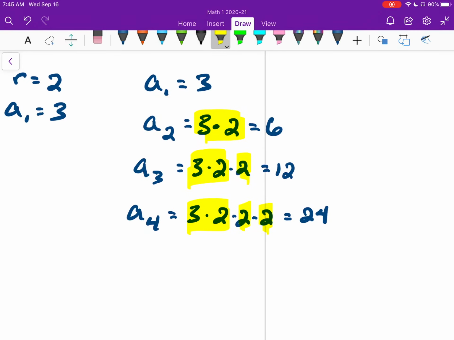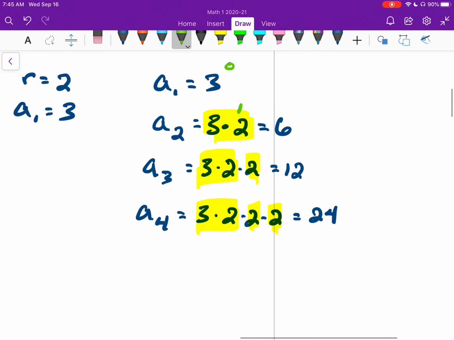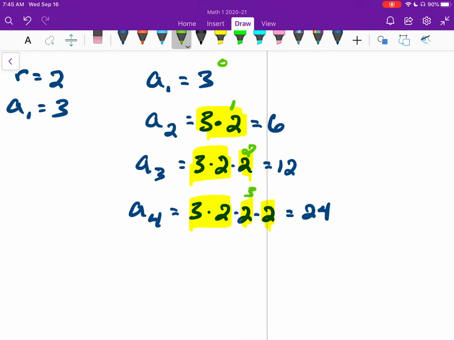So let's count how many 2's we have in here. 2 is our rate. So a sub 1 has 0 2's. A sub 2 has 1. A sub 3 has 2. And a sub 4 has 3. What I'm doing here is counting how many 2's we have.